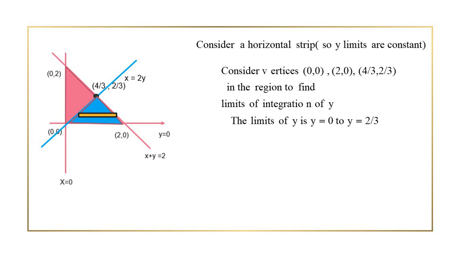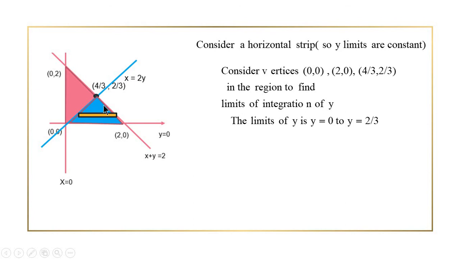Now let us consider the limit of x. For that, you have to consider the equation which touches the left of the horizontal strip. The equation touches the blue colored line towards the left of the horizontal strip, which is x equal to 2y.